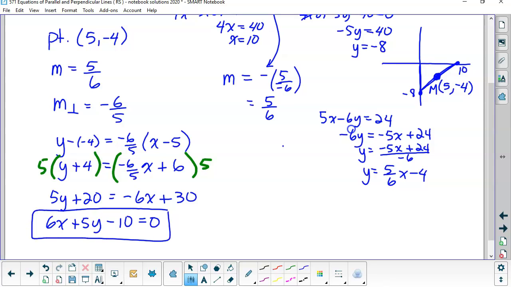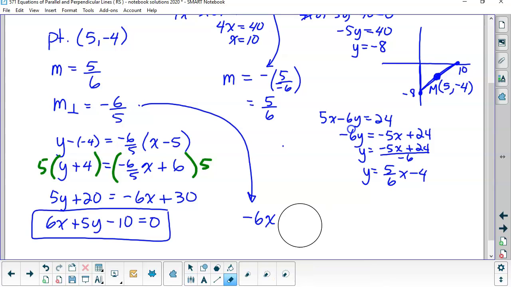Okay, now if you knew this slope, whichever one, to get it into general form, we know that we want that slope to be negative 6/5. So the coefficient of x could be negative 6, and so basically I put these terms down.